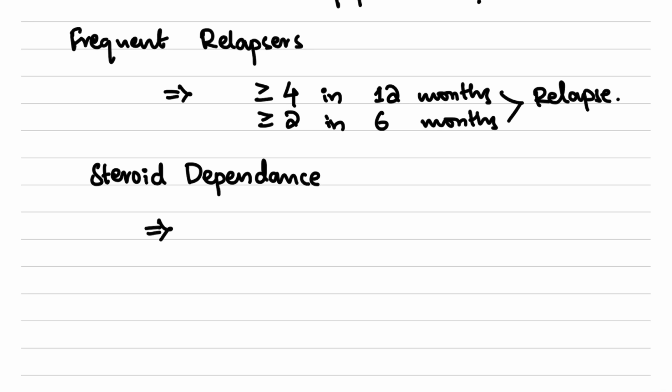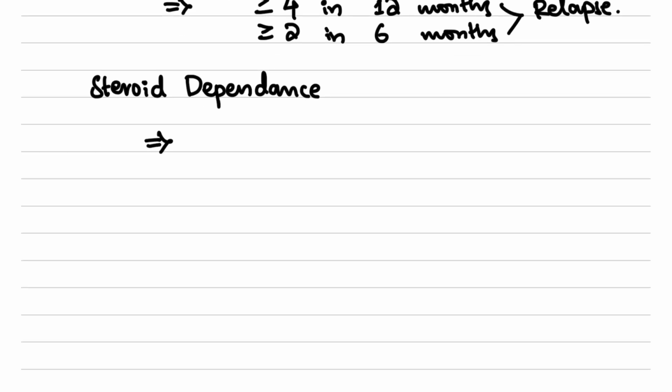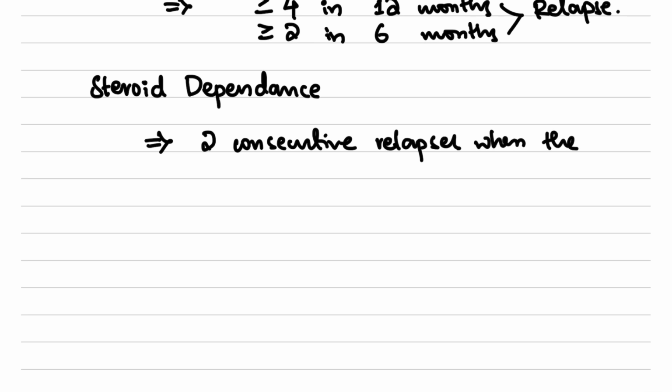We can say that the child is having steroid dependence whenever 2 consecutive relapses occur when on alternate day steroid or within 14 days of its discontinuation. The child is having 2 consecutive relapses when the patient is on alternate day steroid. And what do we give on alternate day steroid?